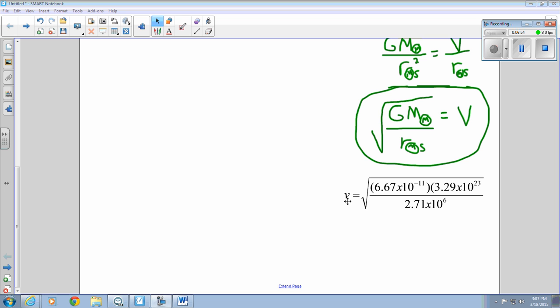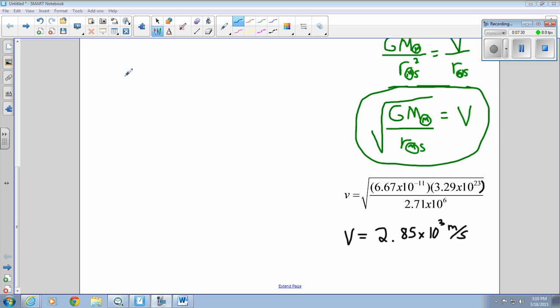So velocity is equal to the square root of 6.67 times 10 to the negative 11th times the mass of Mercury over the radius between the satellite and the center of Mercury. Doing these calculations, we get a velocity of 2.85 times 10 to the third meters per second.